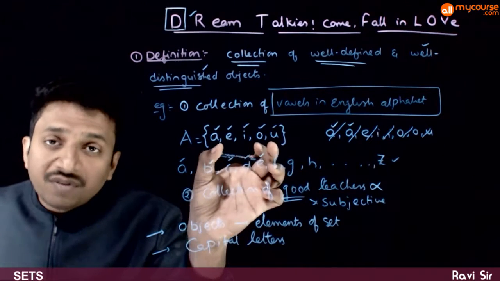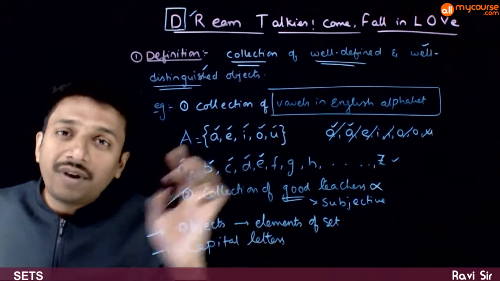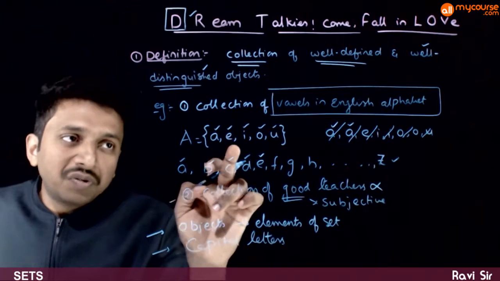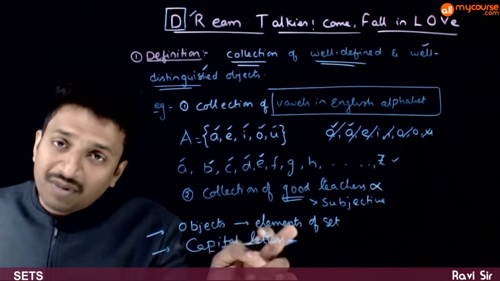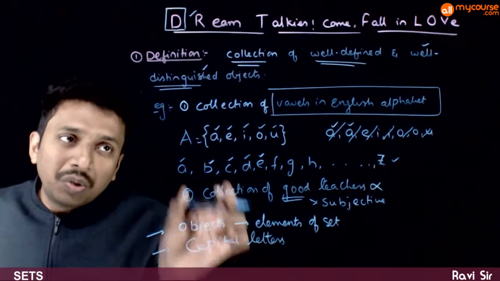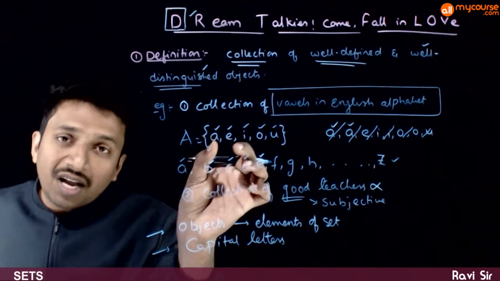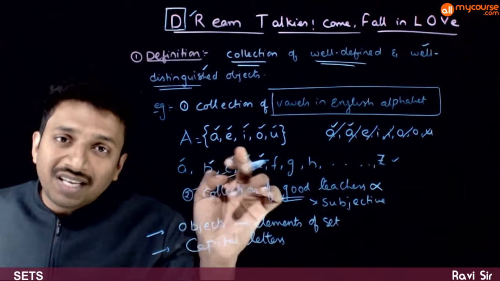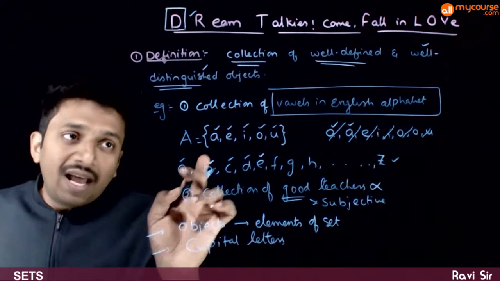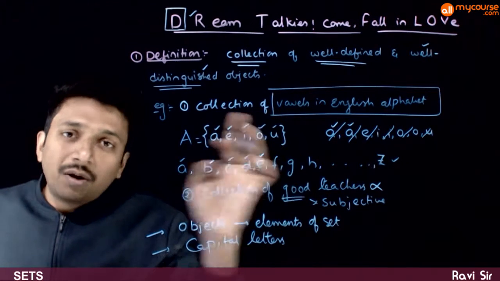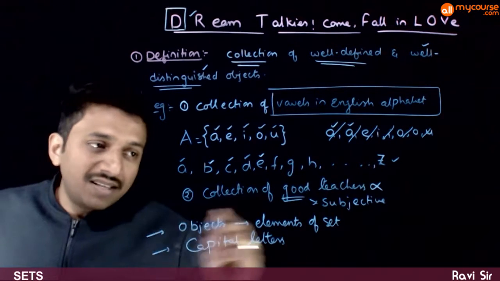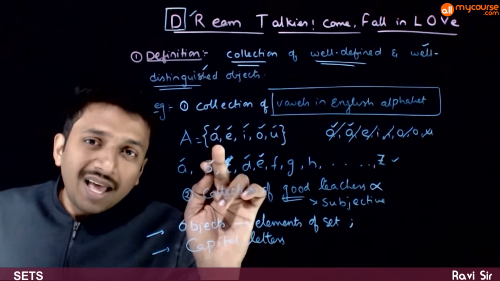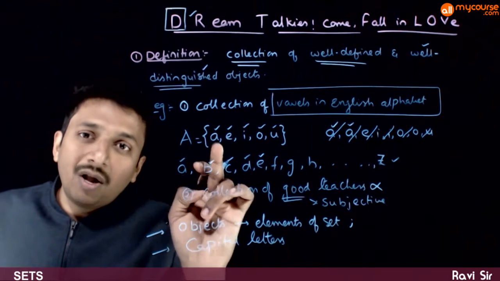And the objects of this set are enclosed in flower brackets, and you use a comma for each object. So you can as well call these elements, right? So sets are represented by capital letters, and objects of this set are usually called elements, and elements are enclosed in flower brackets. And we say that every element of the set A belongs to A.